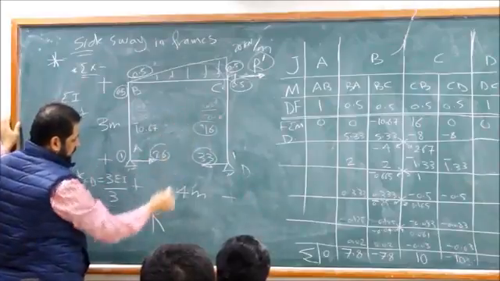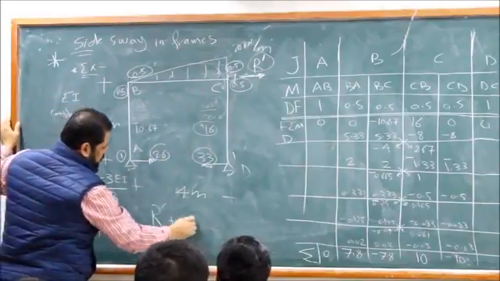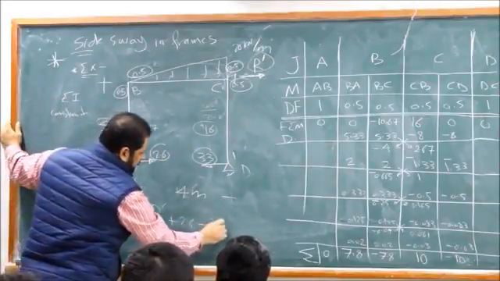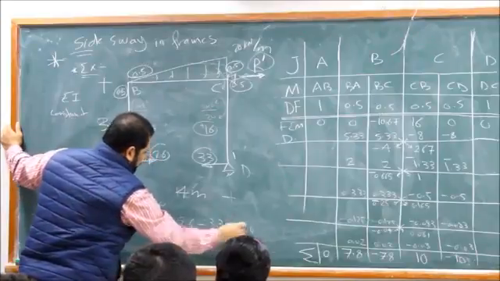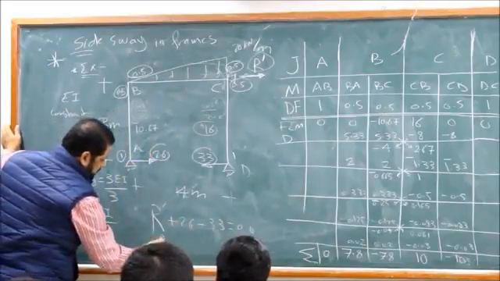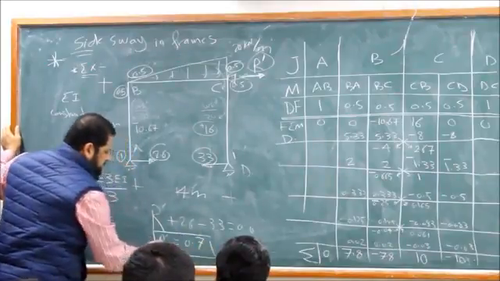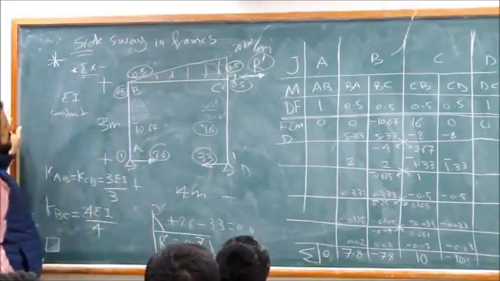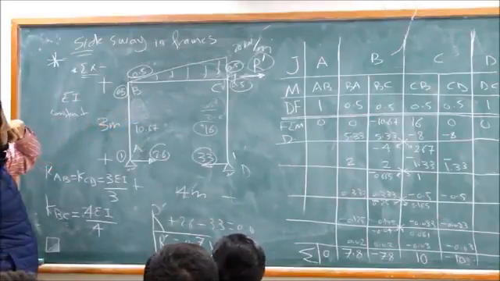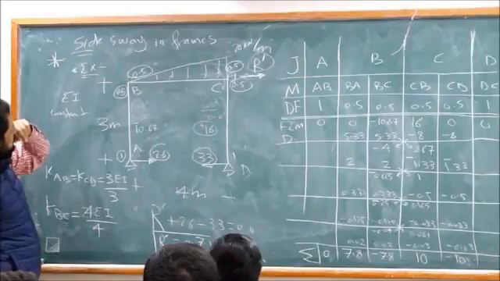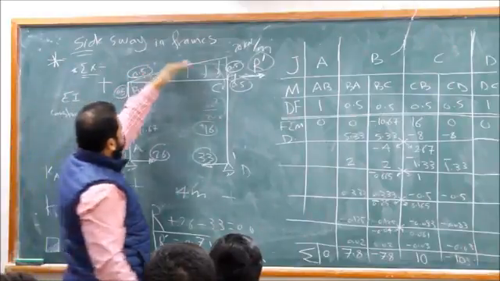So if we are summing to the right, R dash plus 2.6 minus 3.3 equals 0. So R dash equals 0.7. Why to the right? Why is there a reaction to the right? So that it becomes zero. No, but I'm expecting it to the left.